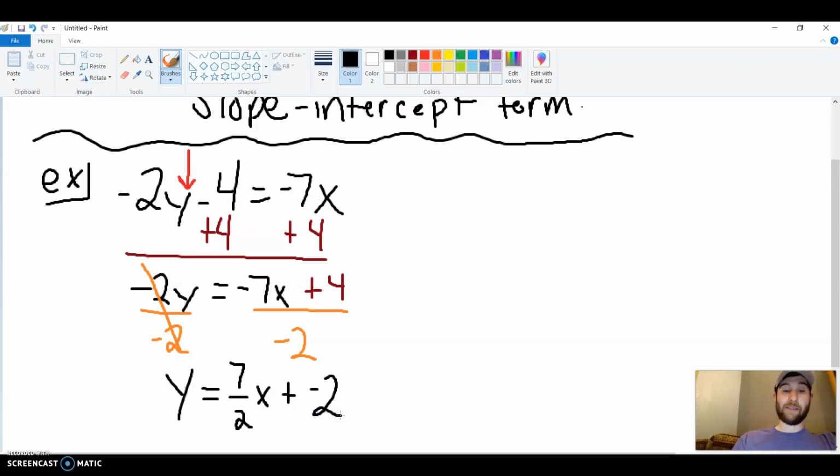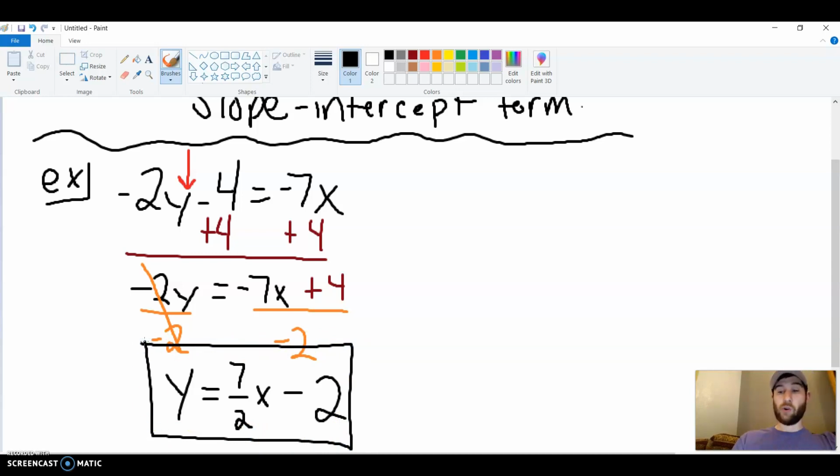And rather than adding negative 2, we could write that as subtracting 2. Perfect. That's what we're looking for. y is by itself. We're golden. We're good to go. Let's take a look at another example here.